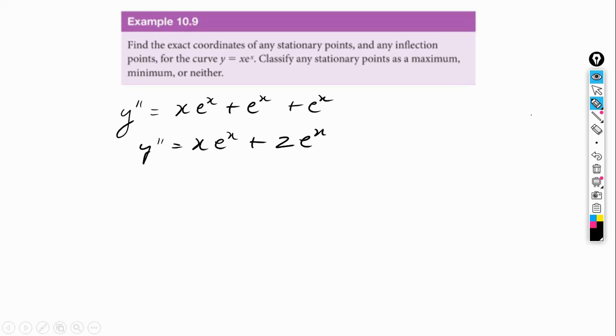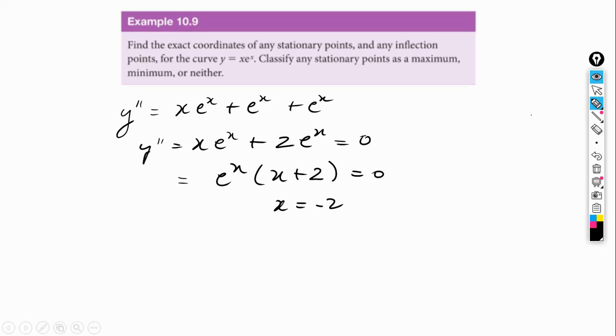If we want to find points of inflection, we have to set this equal to 0 and then solve. So here again, we have to factor out e to the x, and we're going to get e to the x times (x plus 2) equals 0. Therefore, the solution is x equals -2. So this is probably a point of inflection.